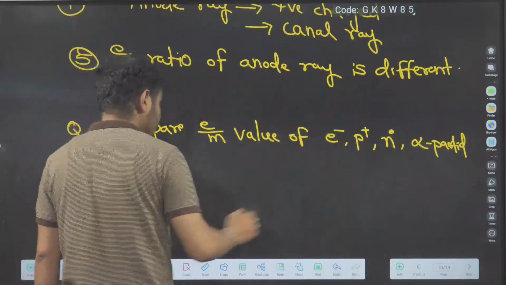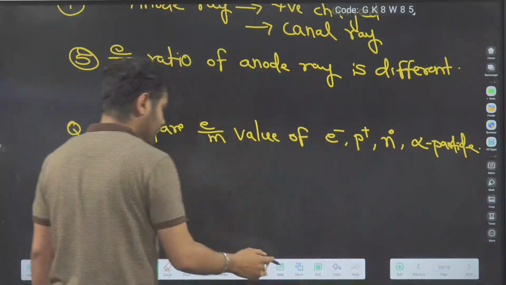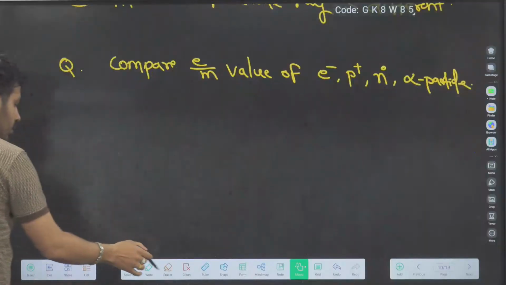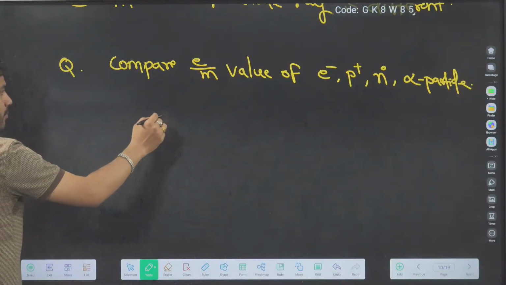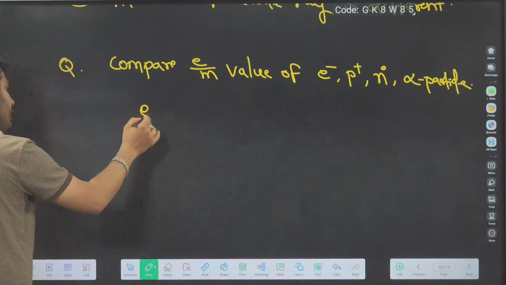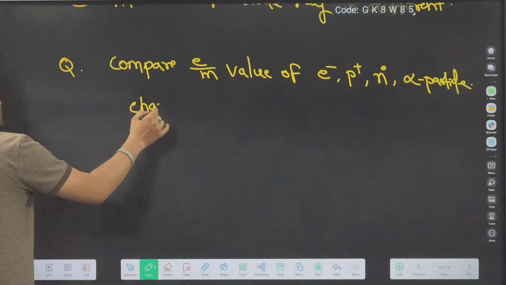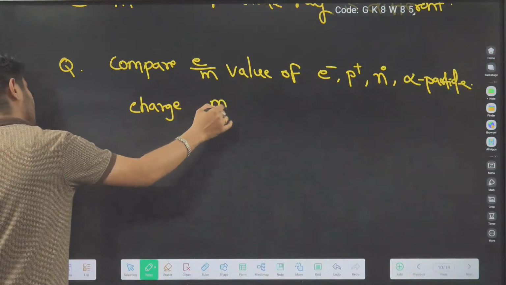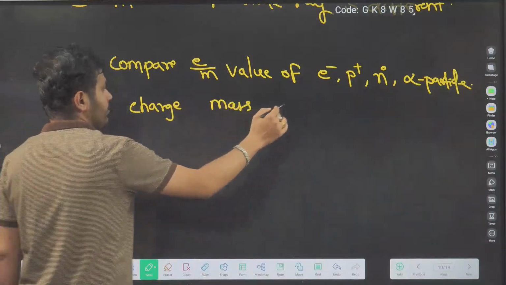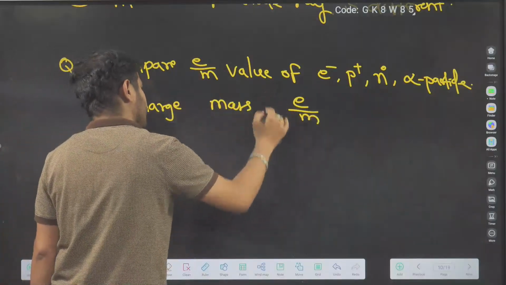Now to answer this question, you have to remember this table. I have electron, I have charge here, I have mass here, and I have charge by mass value.